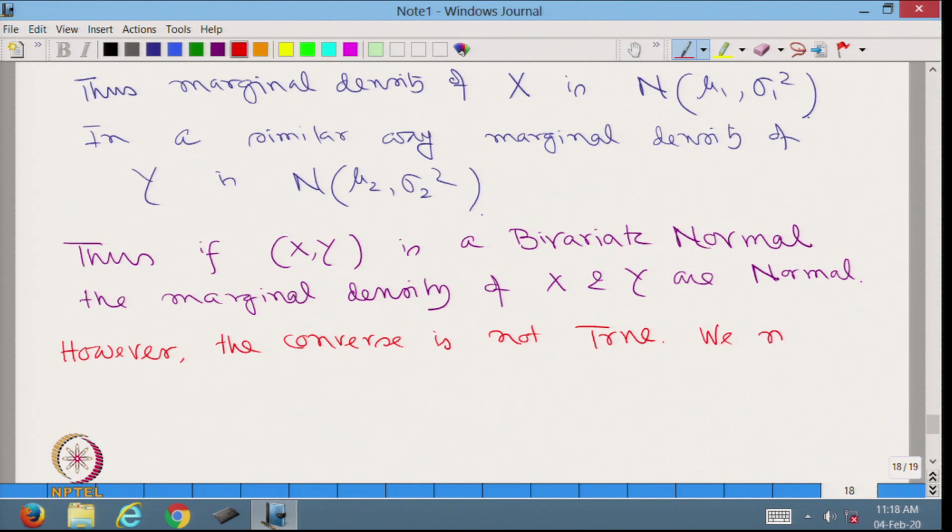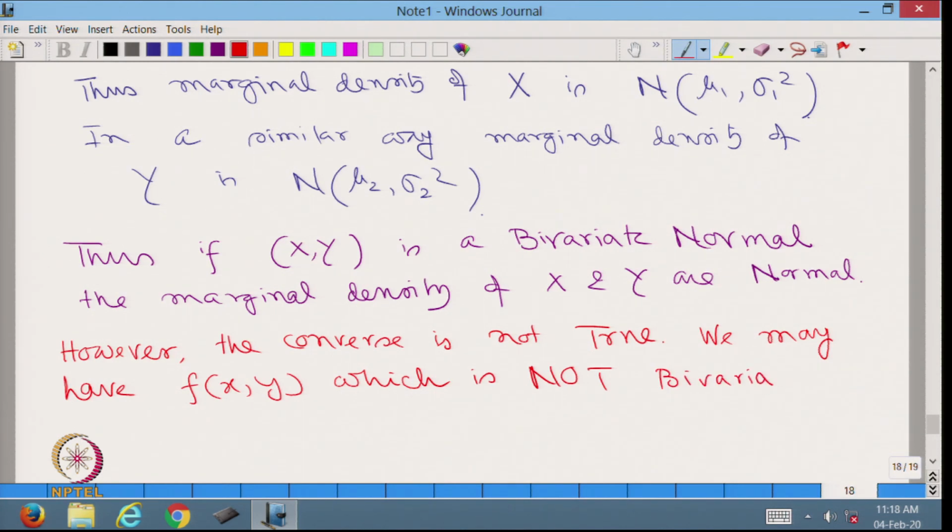We may have x y, which is not bivariate normal, but marginal densities are normal.